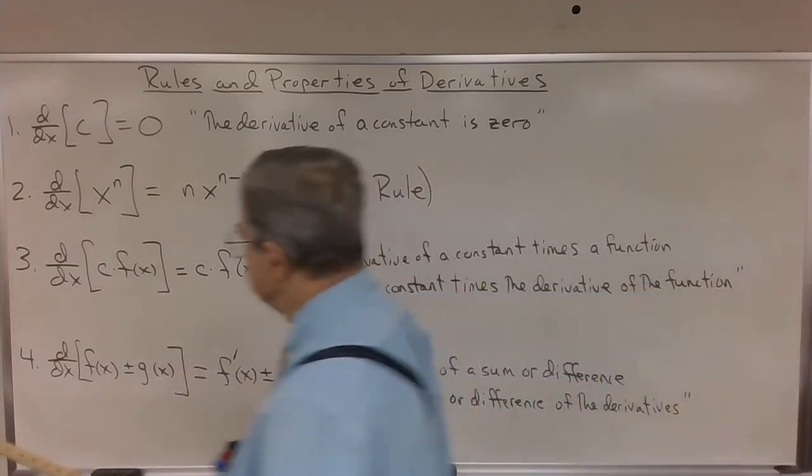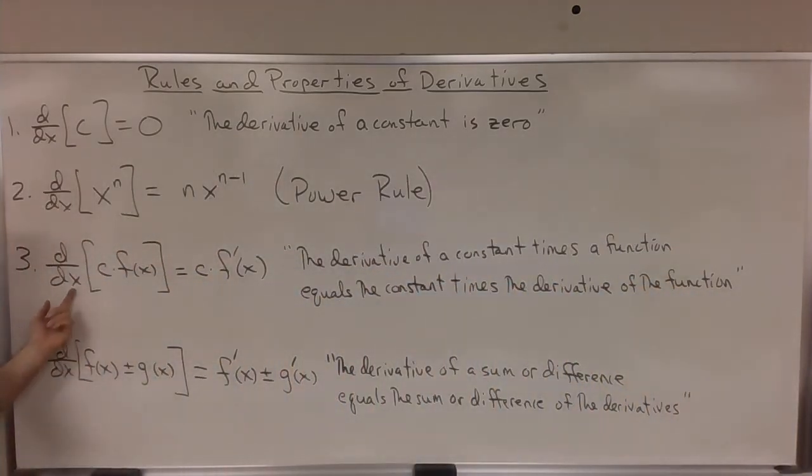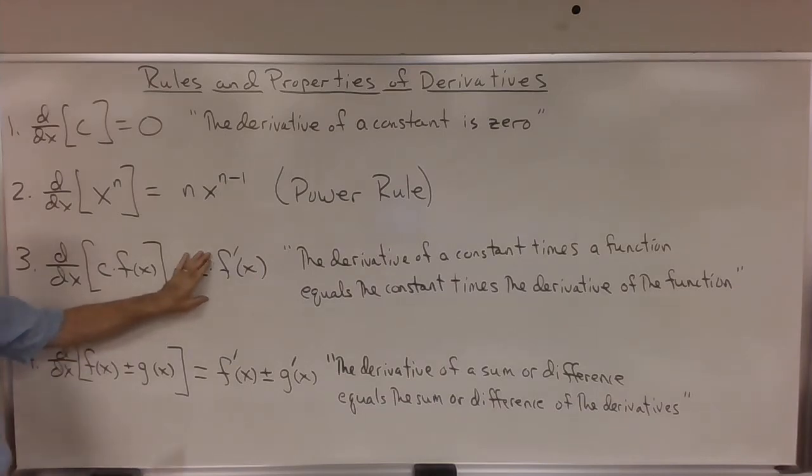The next property. Here we have the derivative of a constant times a function. And this property says that that's equal to the constant times the derivative of the function. And as far as computation goes, what that tells us is that if we're computing the derivative of a constant times a function, what we can do is just write the constant down and then forget about it and compute the derivative of the function.